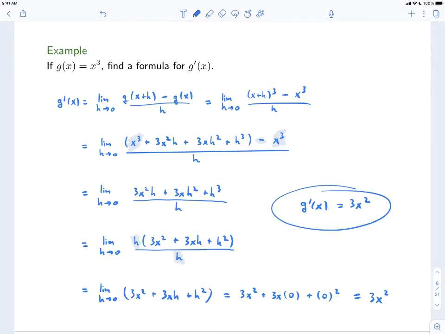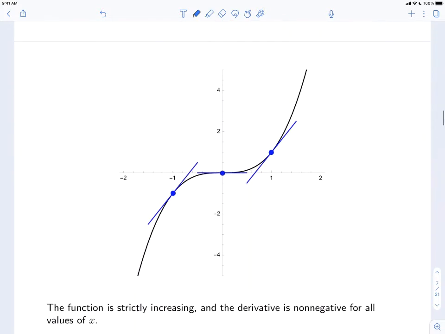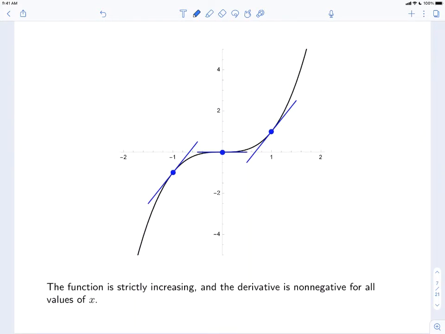Let's take a look at the graph of g of x equals x cubed. This is the graph of y equals x cubed, or the graph of the function that we were just looking at. What we did on the previous slide is we computed the derivative of that function.